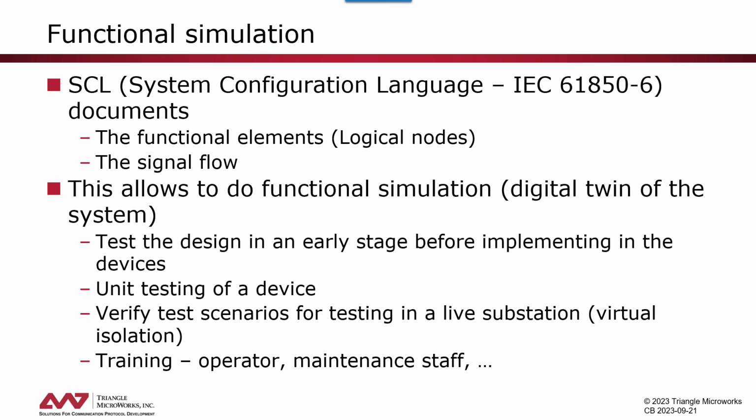As you have seen, the key aspects of an application, which are the functional elements and the signal flow, those are both described in the system configuration language in a machine processable way, which basically allows us that a piece of software can use that information and simulate the behavior of the system. So basically, we can create a digital twin of the system, or like Jackson would say, maybe a digital cousin, as it may not be exactly one-to-one the same behavior.